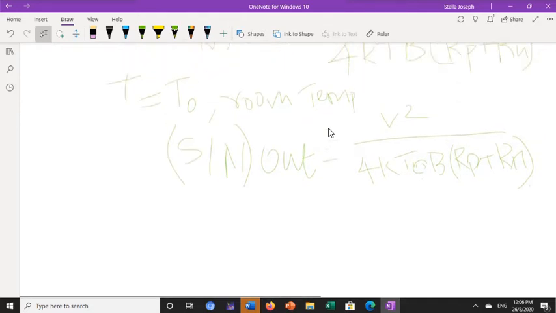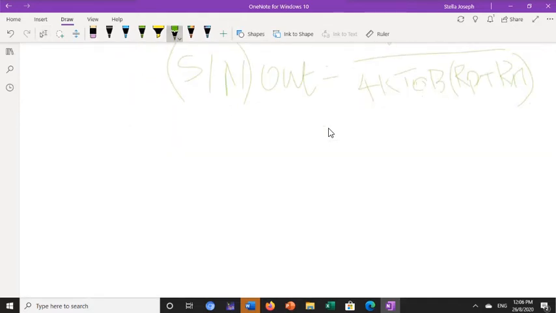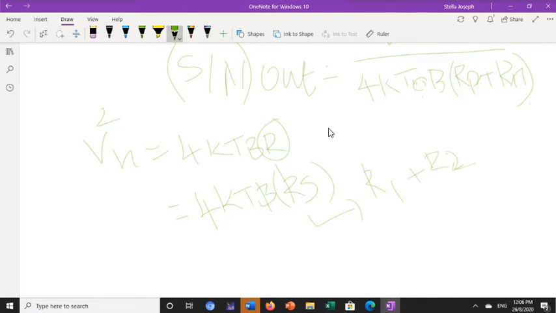Normally, if I'm using thermal noise, what is the formula? Vn squared is equal to 4KTB into R. If the resistances are connected in series, then they will be writing it as 4KTB into Rs, where Rs will give me R1 plus R2, if two resistances R1 and R2 are connected in series.